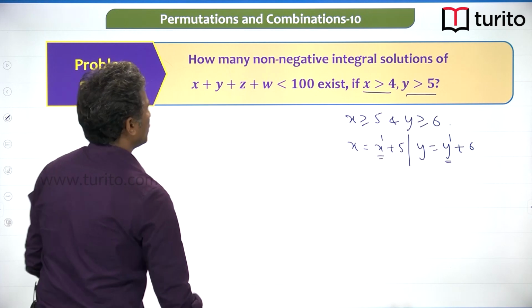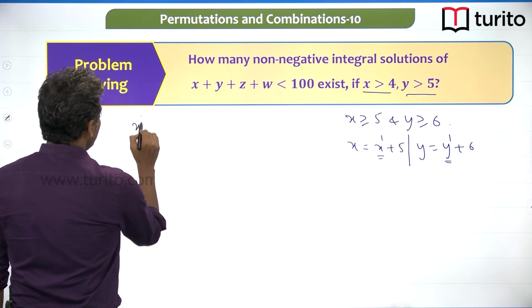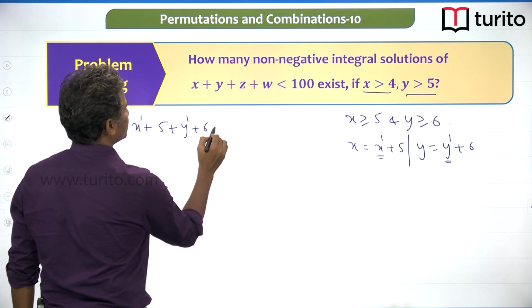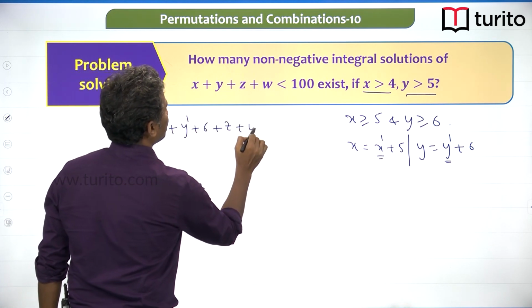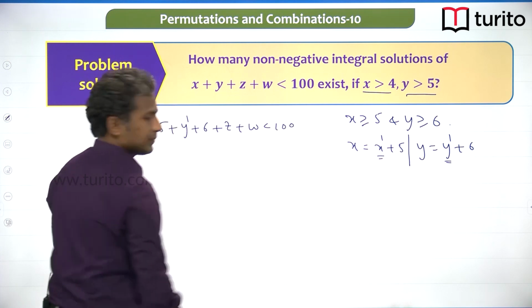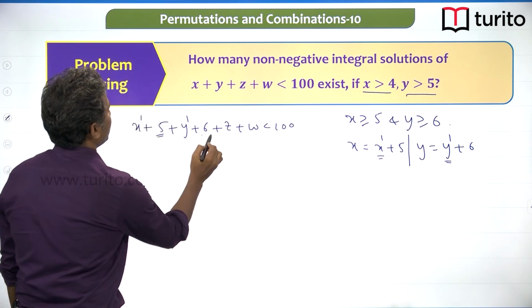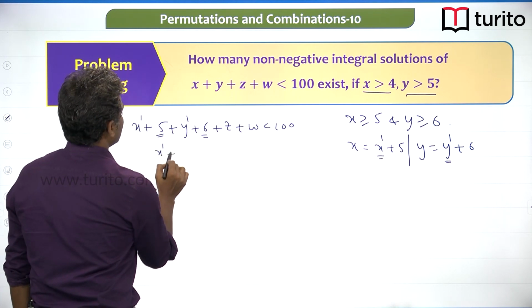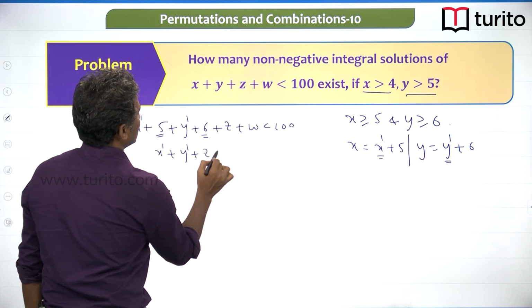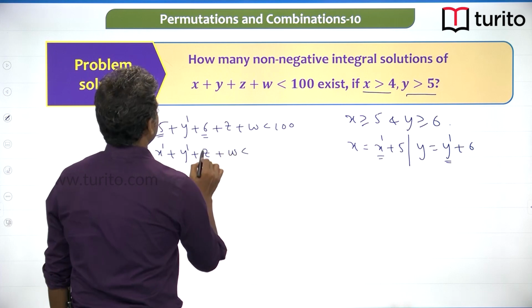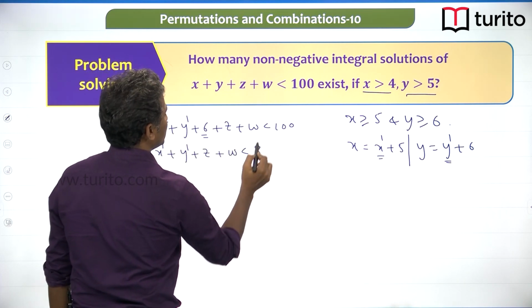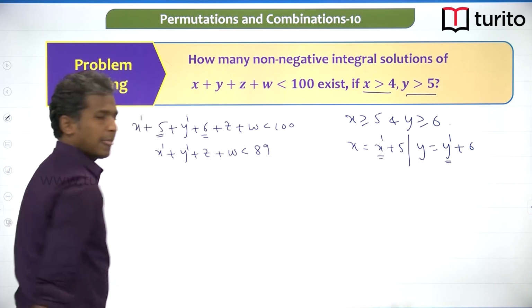So when I use it, what will happen? Now I am going to take this 5 plus 6 to the RHS. Then it becomes x dash plus y dash plus z plus w is less than, when we subtract 11 from 100, 89.